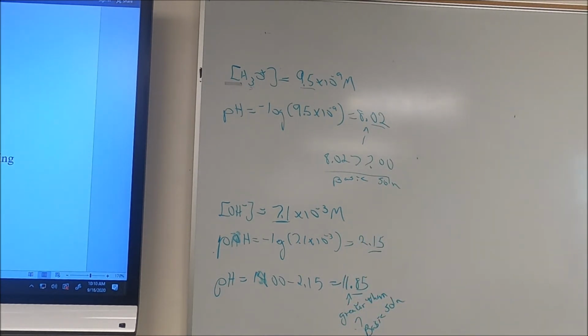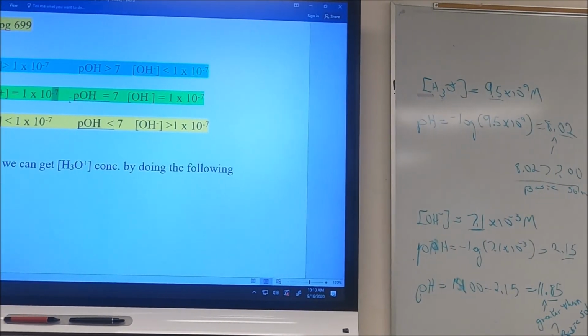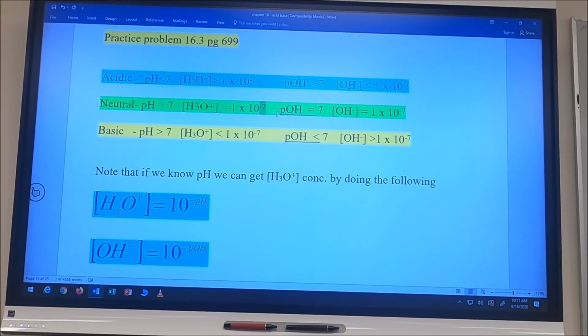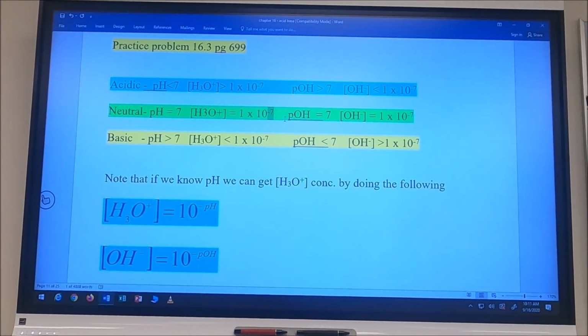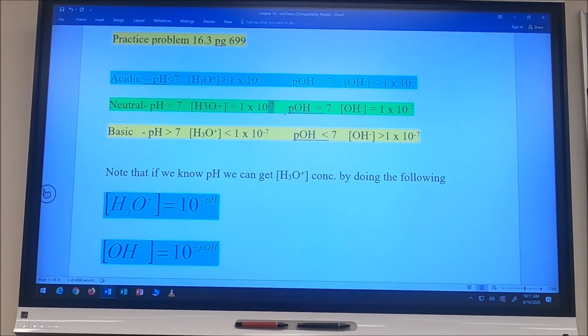Okay? Now, one of the nice things about pH is we have machines that measure pH, and when we write pH, it's in a much more compact way to print. So we ought to be able to go from pH to hydronium ion concentration, and from pOH to hydroxide ion concentration.